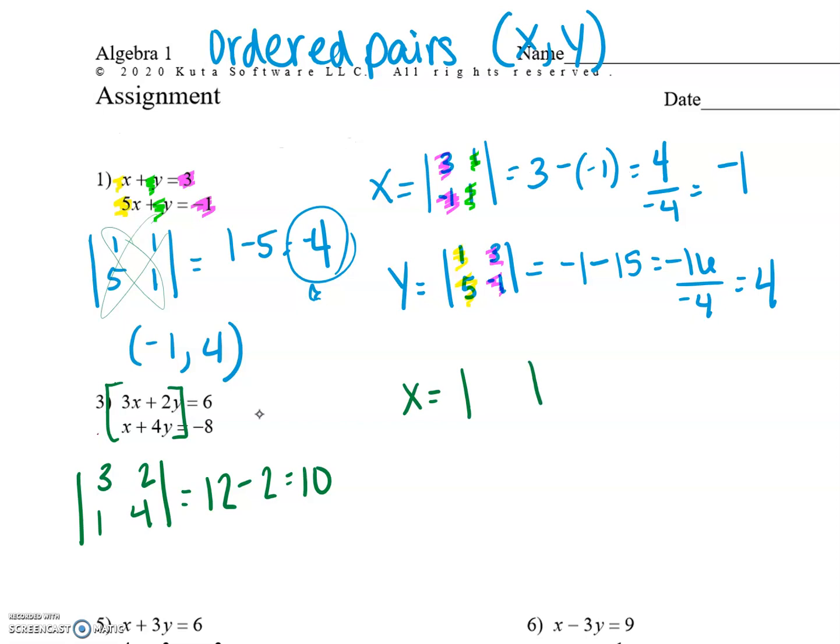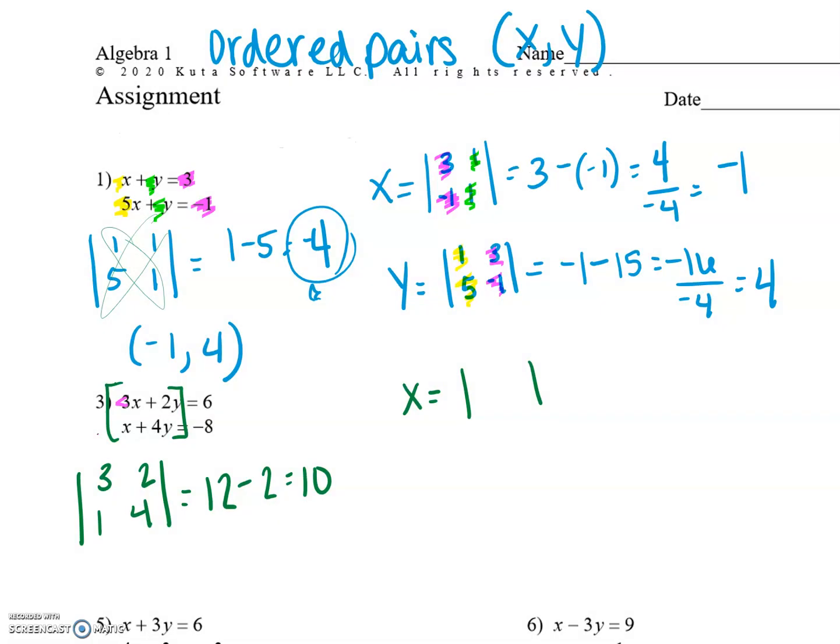So let's make our x. And remember, we're going to replace our x coefficients with these values. So those values are going to go first. So we have 6 over 8 and then 2 over 4. And again, order does matter, so we need those x values first.